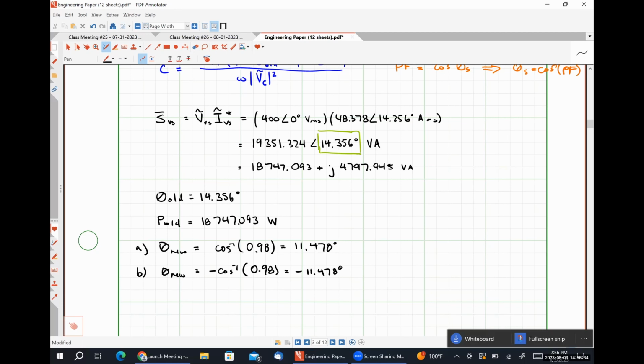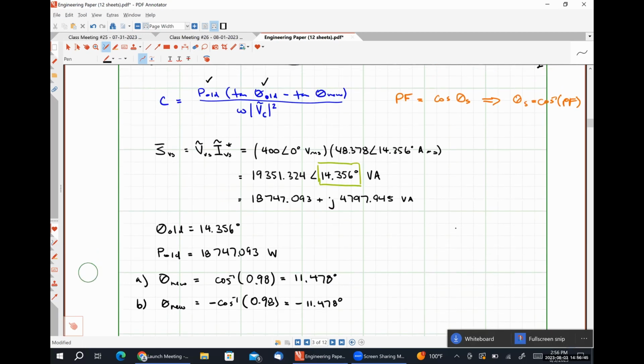So anytime we want to find an angle for a leading power factor, we have to manually put in the negative sign. Okay, so we now have theta nu.